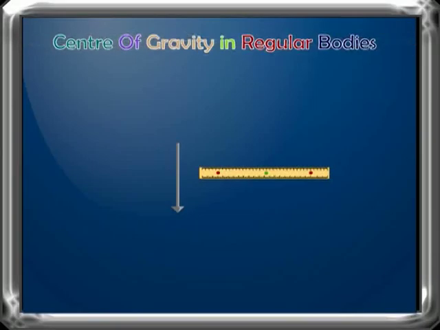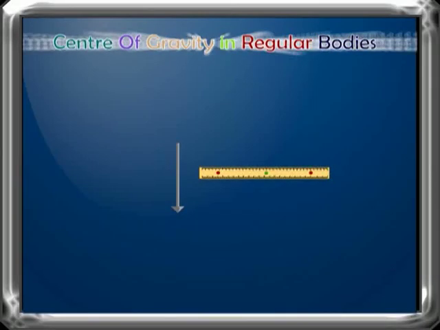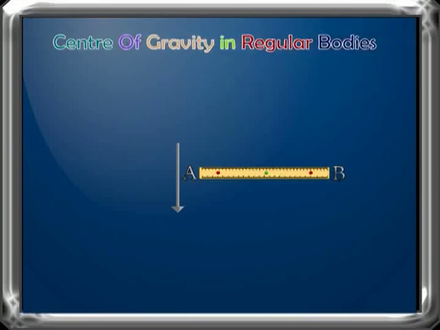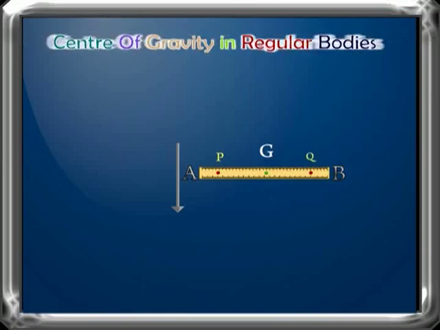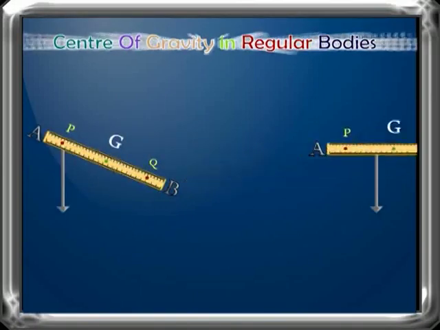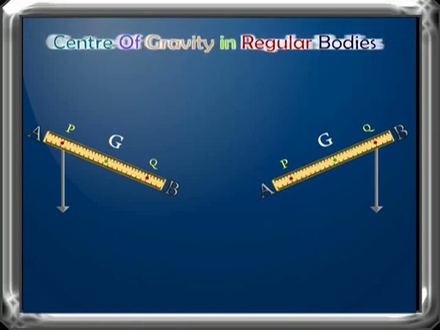So far, you understood what center of gravity is. Now, let's know about the center of gravity in different types of bodies. To know center of gravity in a regular body, let's do a scientific experiment. Take a uniform meter scale. Indicate the beginning and ending of the scale as A and B. Note its midpoint as G. Indicate the adjacent points as P and Q. If you try to balance the scale on arrow at points like P or Q, it does not remain horizontal.